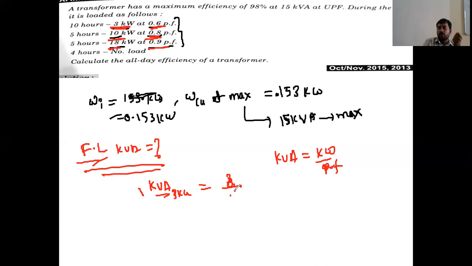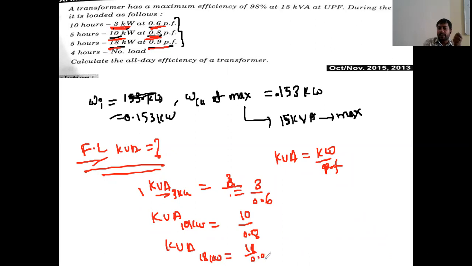So kVA at 3 kilowatts is 3 by 0.6, kVA at 10 kilowatts is 10 by 0.8, and kVA at 18 kilowatts is 18 by 0.9.